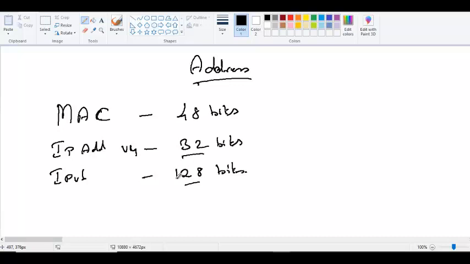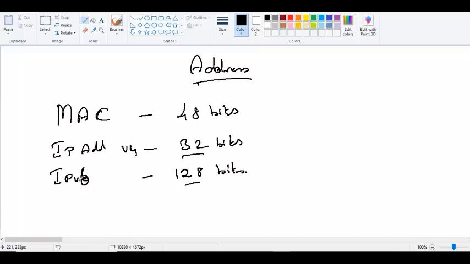But there are many more wonderful things in IPv6 which are not there in IPv4. One of them I have just explained: extendable header, simplified header. Whatever is necessary, only those fields will be seen.